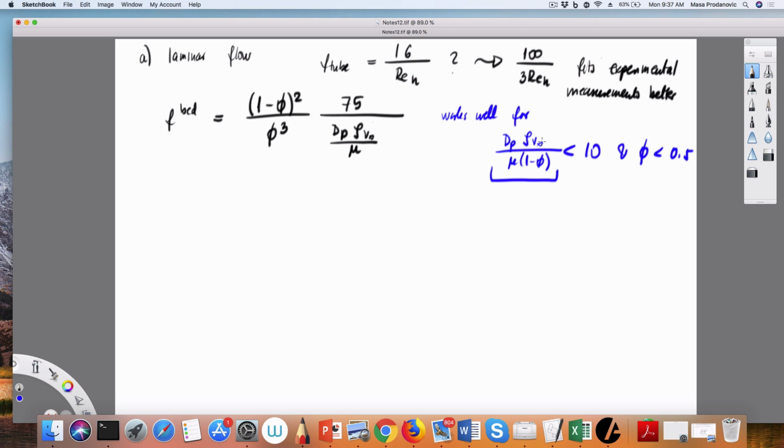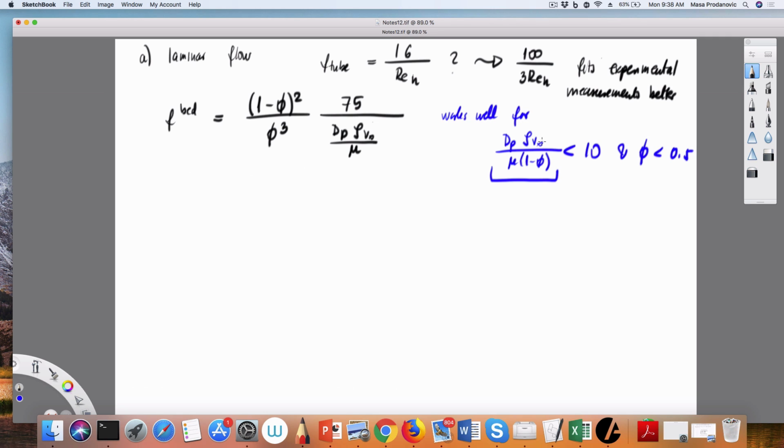So I know from tubes, I want to fit my results from tubes, and then people tried it, and then it's shifted. So they just adjusted the number 16 to 100 over 3. And that's for tubes within a SpherePack, or imaginary tubes, yes. Okay, they're imaginary tubes. And I have results for real tubes.